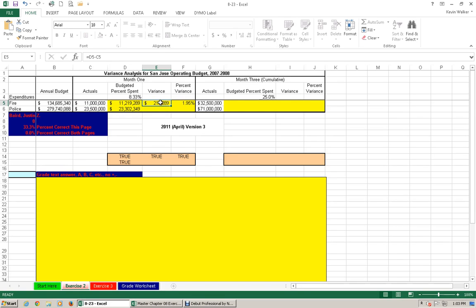Instead of D5 minus C5, it'll be D6 minus C6. So we actually overspent the budget by $197,651. Again, we want to know the percent variance. Just like E5 divided by D5, it will be E6 divided by D6.